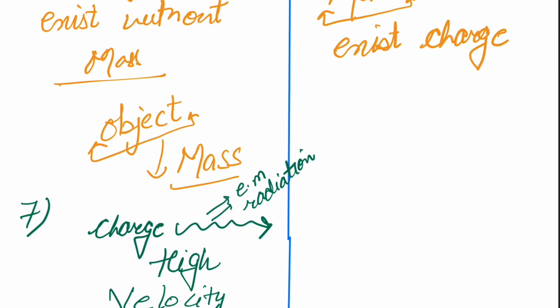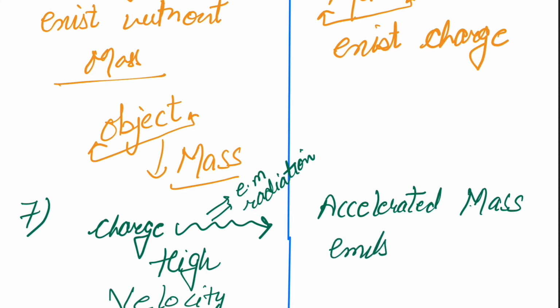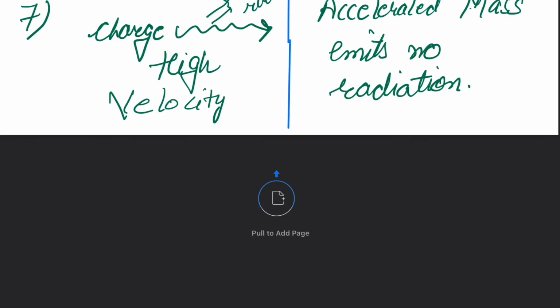Moving charges emit some light from them, and those radiations are the electromagnetic radiations, in which electric and magnetic field are perpendicular to each other. On the other side, if you have accelerated mass, it emits no radiation. Whatever is the velocity at which your mass is moving, it will not emit any kind of radiation.